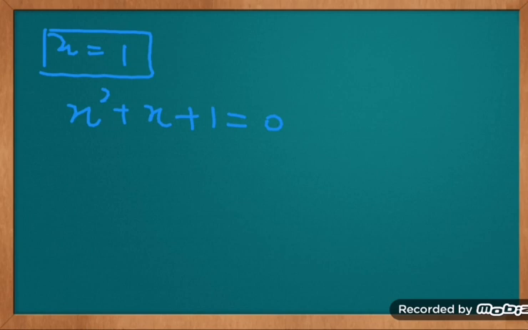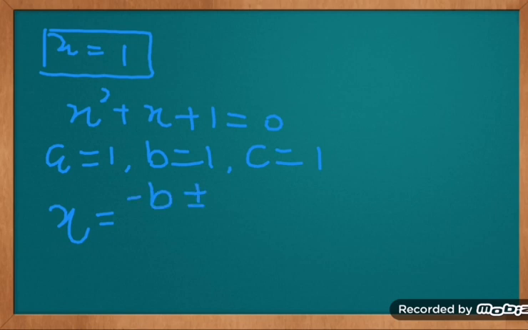Now here a is equal to 1, b is equal to 1 and c is equal to 1. Now using quadratic formula, x is equal to minus b plus minus square root b square minus 4ac over 2a.